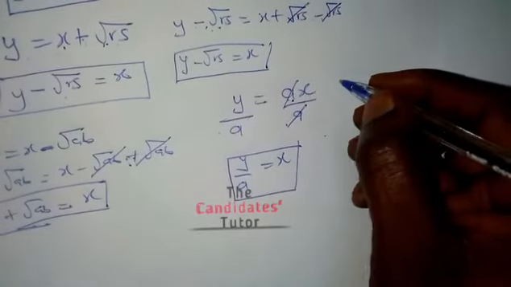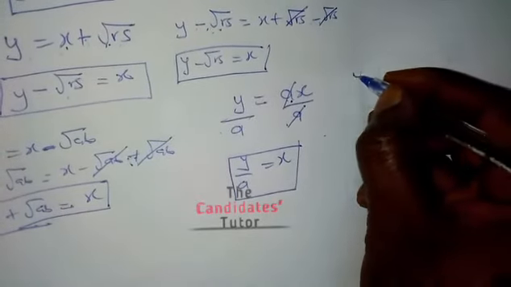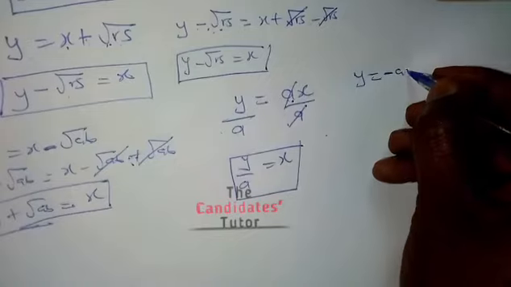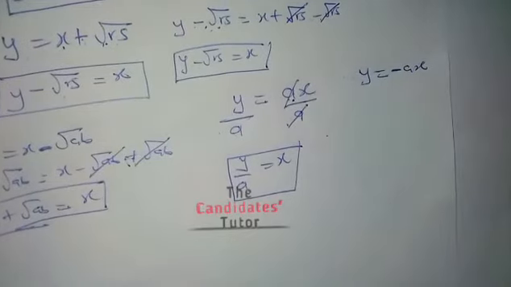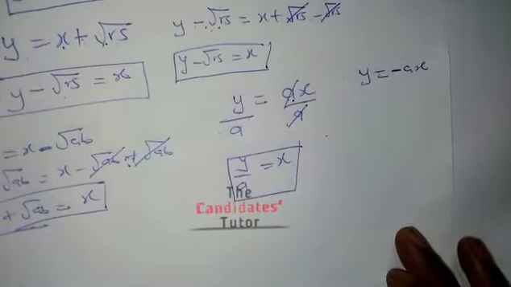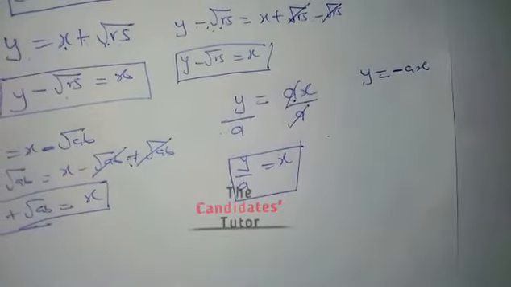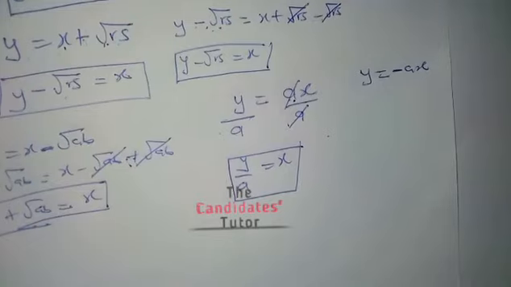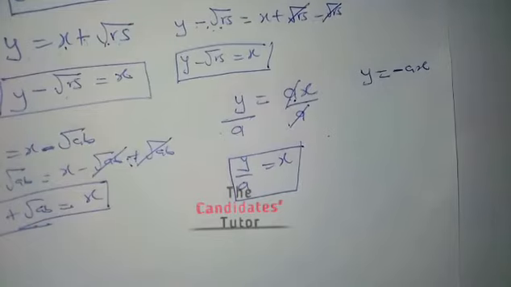Okay, let's try another one. Let's say we are given y is equal to negative ax. How about this? As usual, you can pause the video to try your hands on it to see if you can solve it. So you're making x the subject, or we are expressing x in terms of y and a.